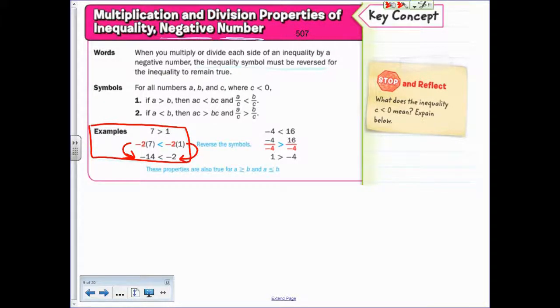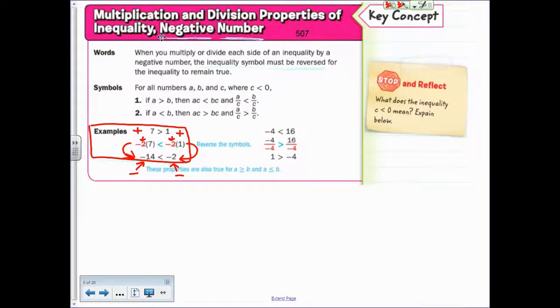So up here, 7 was positive and was greater than 1, which was also positive. After multiplying by negative 2 on both sides of my inequality, negative 14 is negative and is now smaller than negative 2, which is also negative, but bigger than negative 14.